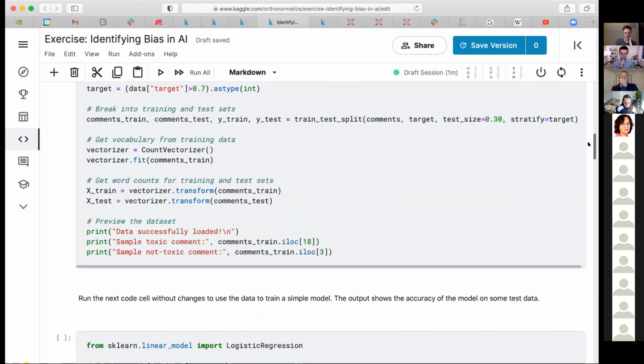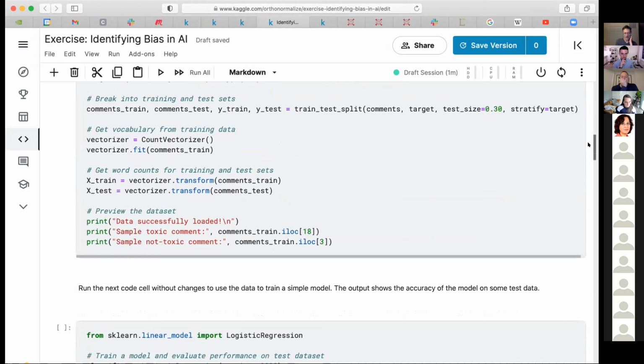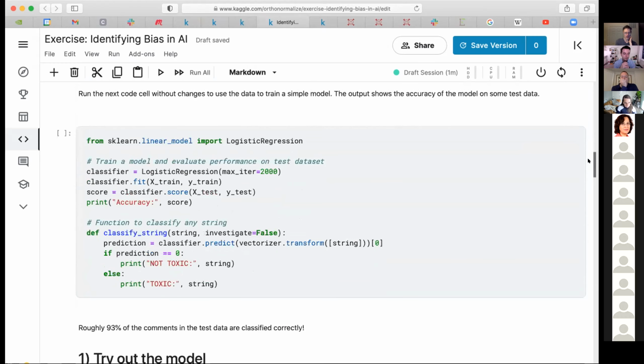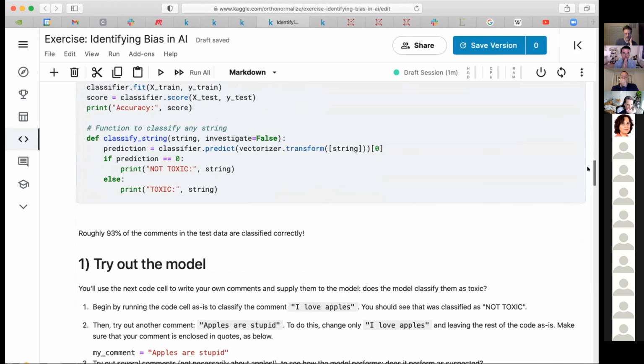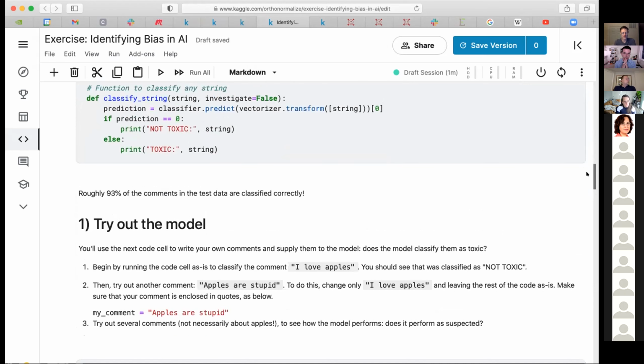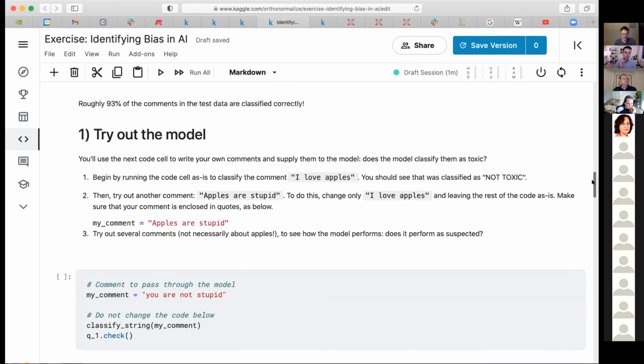A couple of setup cells here. What they do is create this model that's a kind of bag of words type model, where it's just looking for certain terms, and then depending on the average toxicity associated with each of the words that it finds in the sentence, it determines whether to call it toxic or not. So the first exercise here is you try out the model, and you can just type in different items here and get certain results.